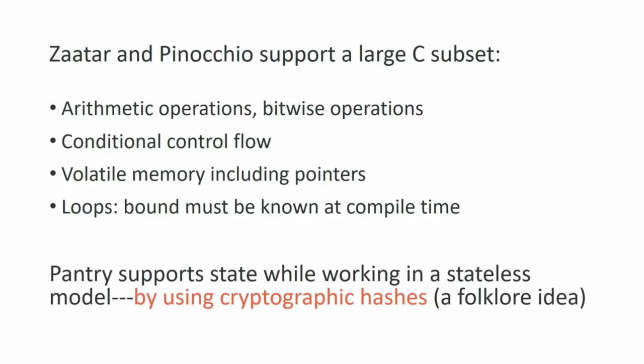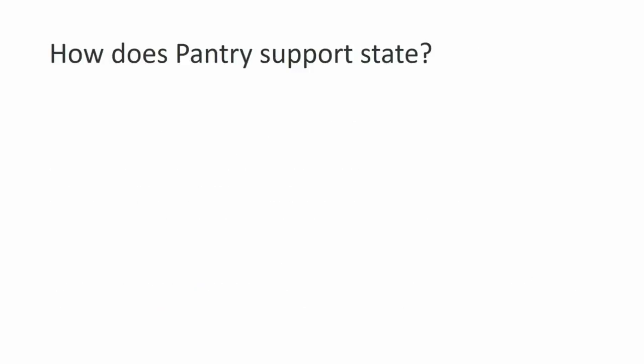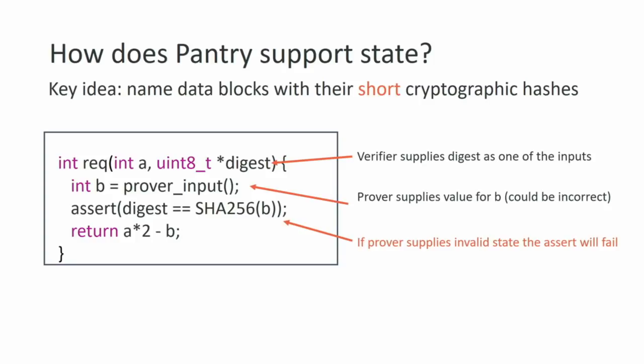And then Pantry supports state while working in the same stateless computational model by leveraging cryptographic hashes. I'm going to briefly tell you how this is done. The key idea in Pantry is to name data blocks using a short cryptographic digest of those data blocks. Here's a very small C program that illustrates this key idea in Pantry.